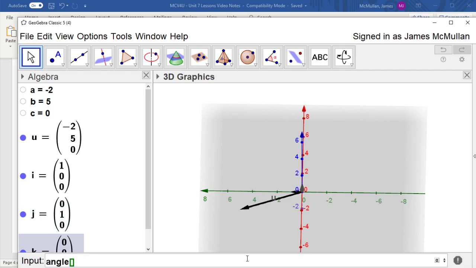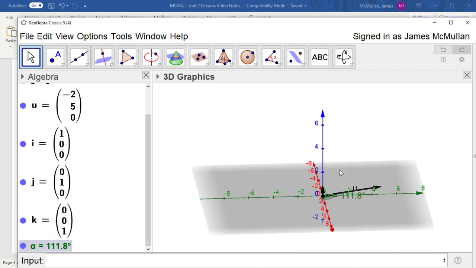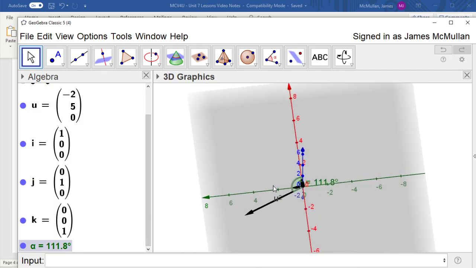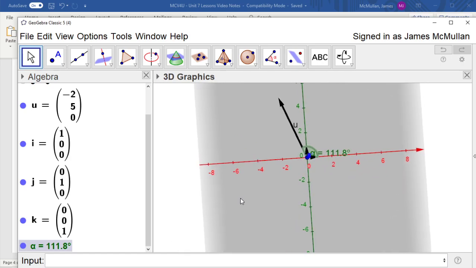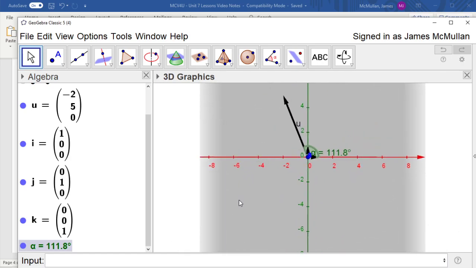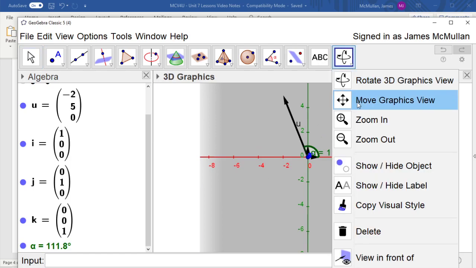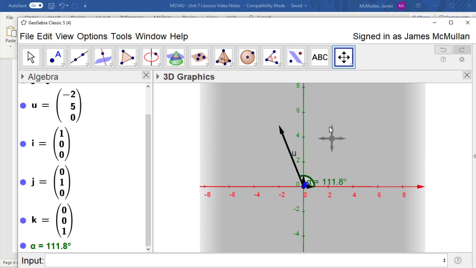If I want the angle between u and the x-axis, I get 111.8 degrees. And this should be doable just using advanced functions style trig, because you're just doing a 2D question here. But again, where does this come from?